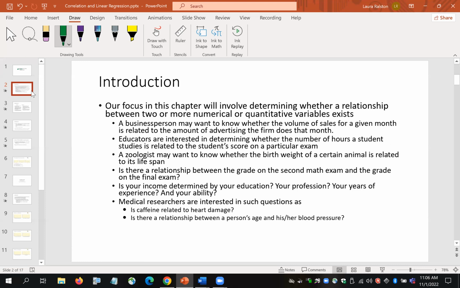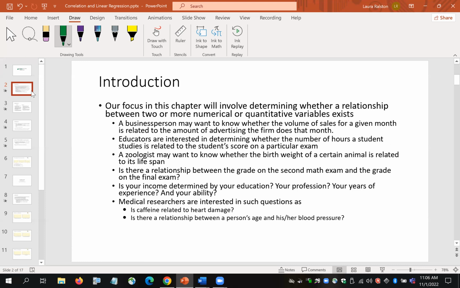Educators may be interested in determining whether the number of hours that a student studies is related to their score on a particular exam. How much they studied for the midterm exam. Did that affect their score in any way, whether it might be a positive effect or a negative effect?